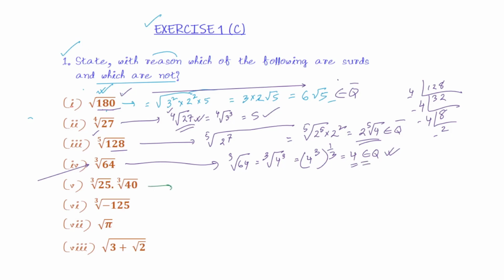Now this one, number 5, cube root of 25 multiplied by cube root of 40. 25 is 5 squared, multiplied by 5 multiplied by 8.